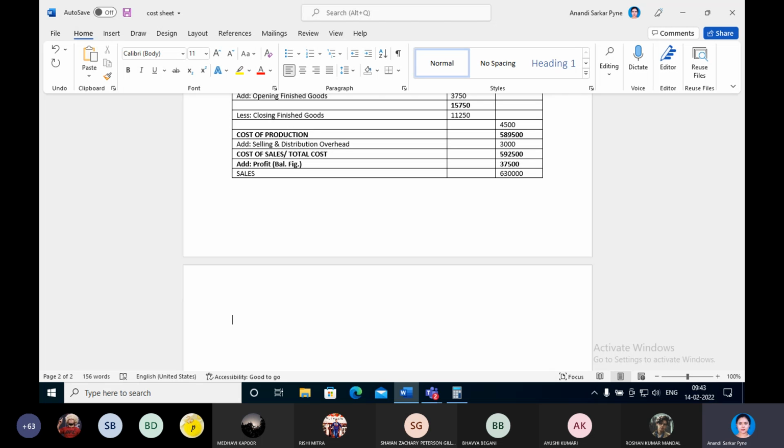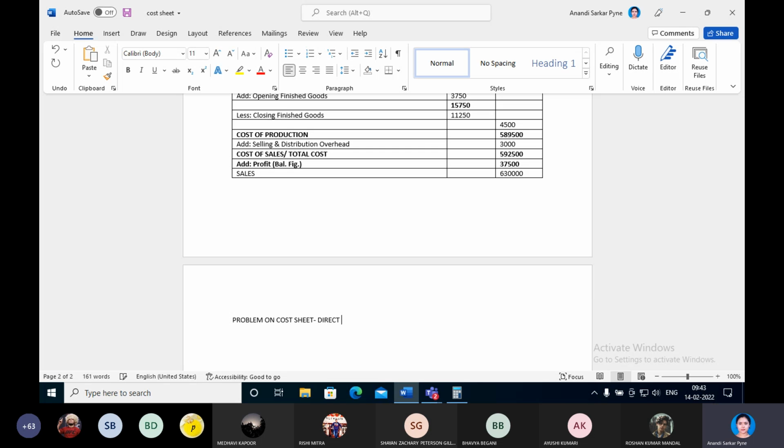Okay, so now let's come to a different type of problem. Means the same concept, another problem. So this is a problem on cost sheet where direct labor cost is unknown.